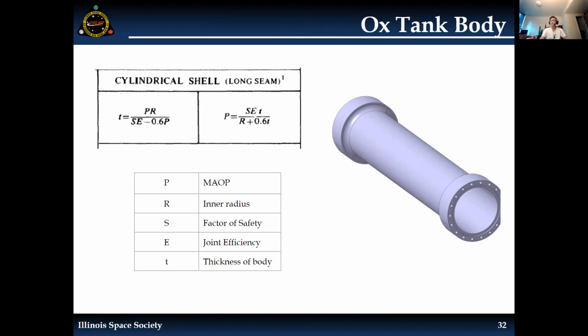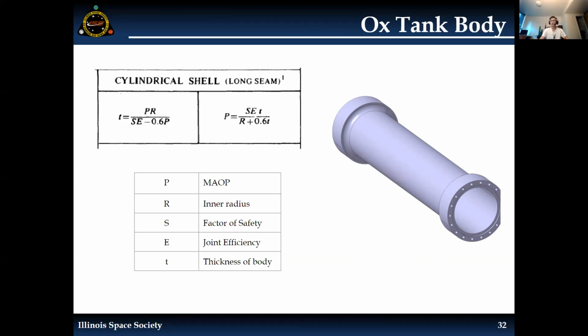Joint efficiency comes in when we start to do welded designs, because the material strength decreases at the seam. So we always want to calculate the strength by using the weakest link of our vessel.